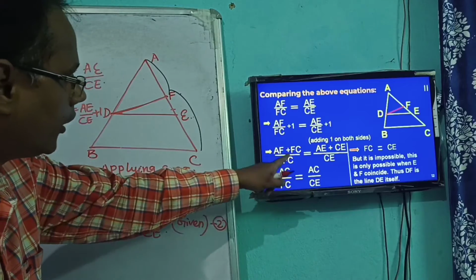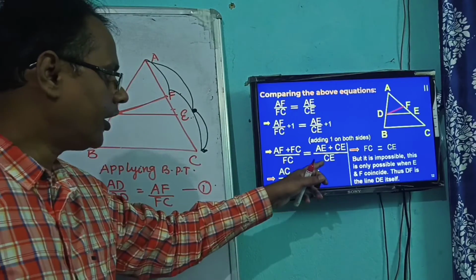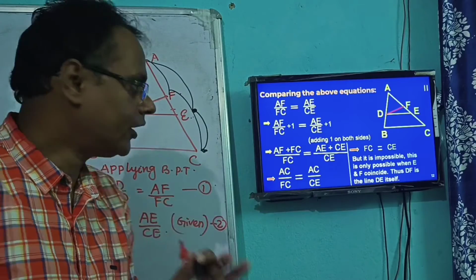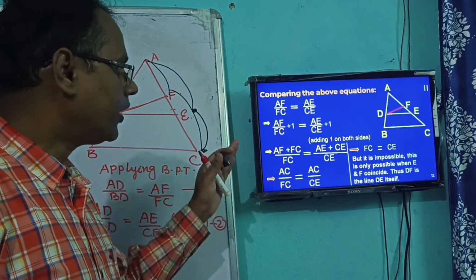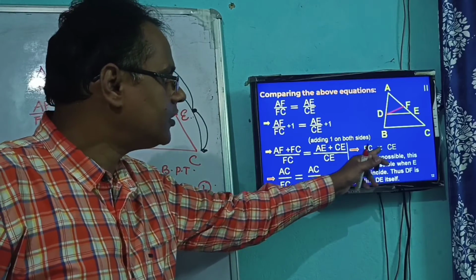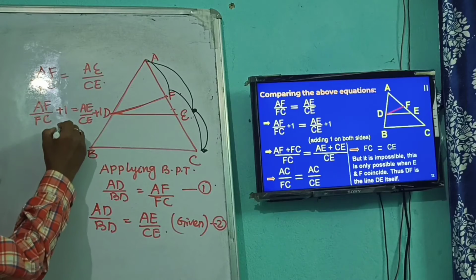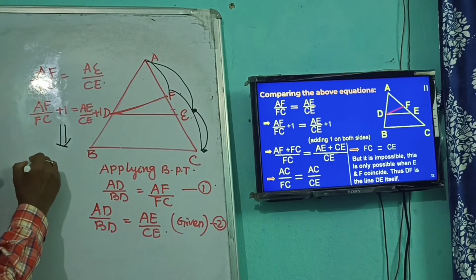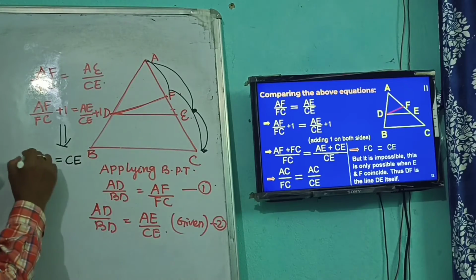So here AC by FC, and here it is the same, AC by CE. Is that clear? Now cancelling AC in the numerator, we are getting the relation FC is equal to CE.